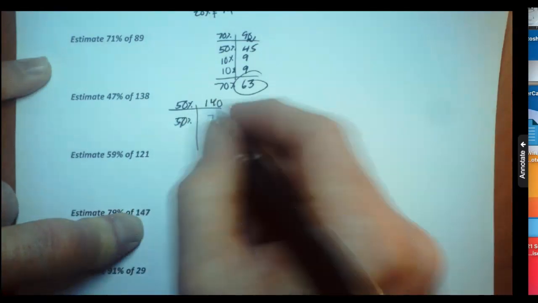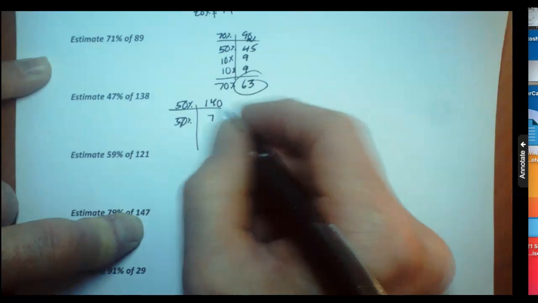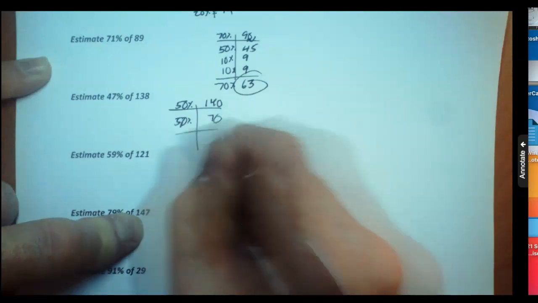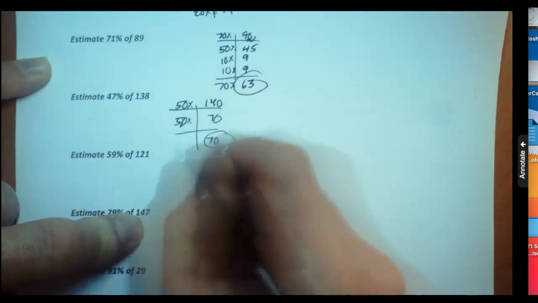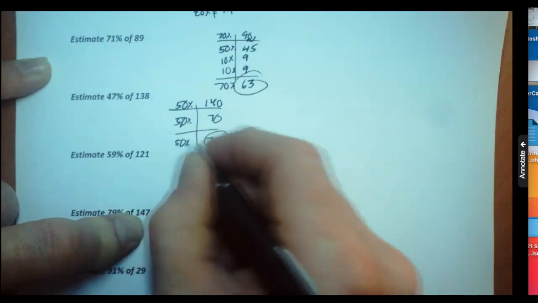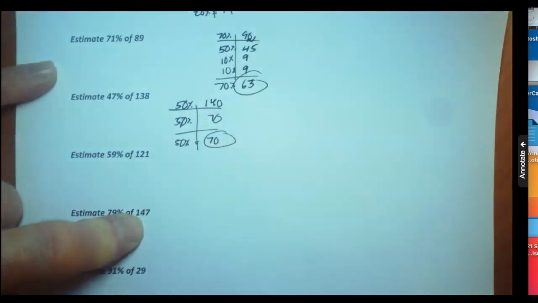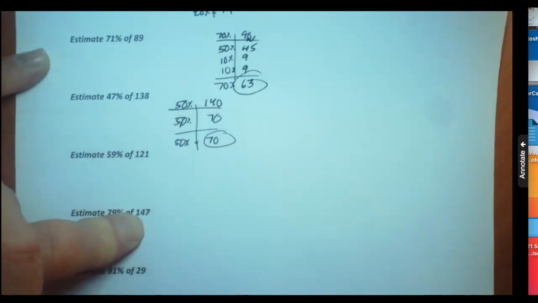Well, if half of 14 is 7, then half of 140 has to be 70. So here's my estimate right here of 70. 50% equals 70. Now keep in mind we're doing this in our head. We're just using this little graphic organizer here to help show how I'm doing this in my head.